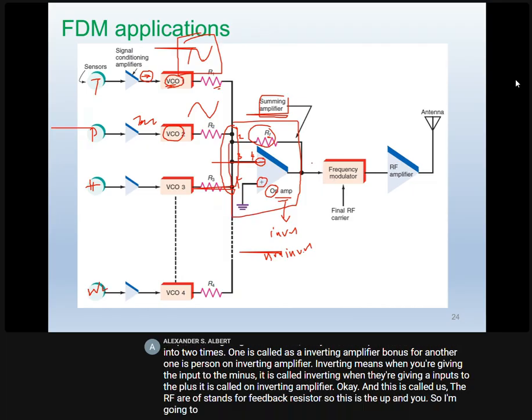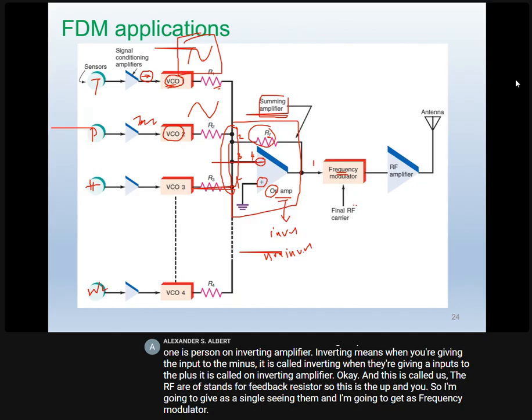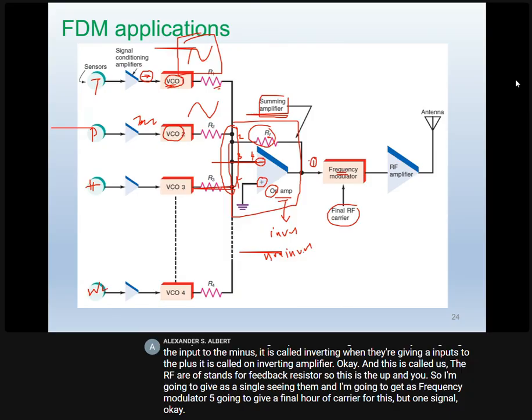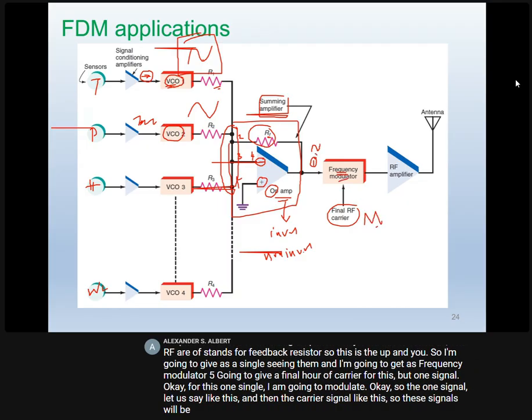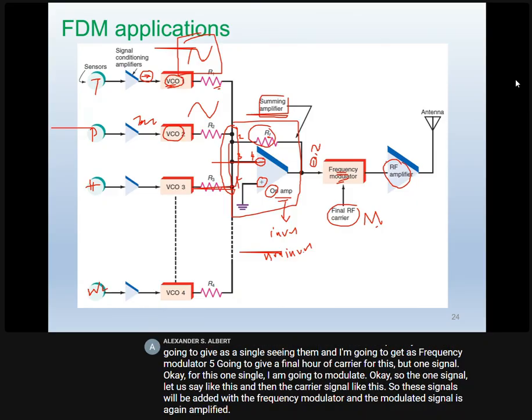I give a single signal and get a frequency modulator. I'm going to give a final RF carrier for this one signal and modulate it. So the one signal is like this, and the carrier signal like this. These signals are added in the frequency modulator, and the modulated signal is again amplified to improve the strength.